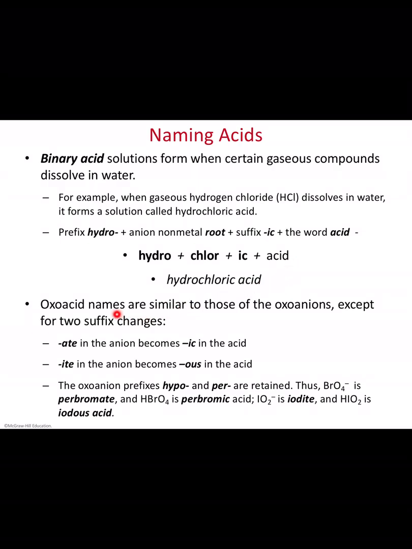For oxoacids, meaning the acid has oxygen, names are similar to those of the oxoanions except for two suffix changes: ate in the anion becomes ic, ite becomes ous. The oxoanion prefixes hypo and per are retained. Thus, BrO4 minus is perbromate, and HBrO4 is perbromic acid. IO2 minus is iodite, and HIO2 is iodous acid.